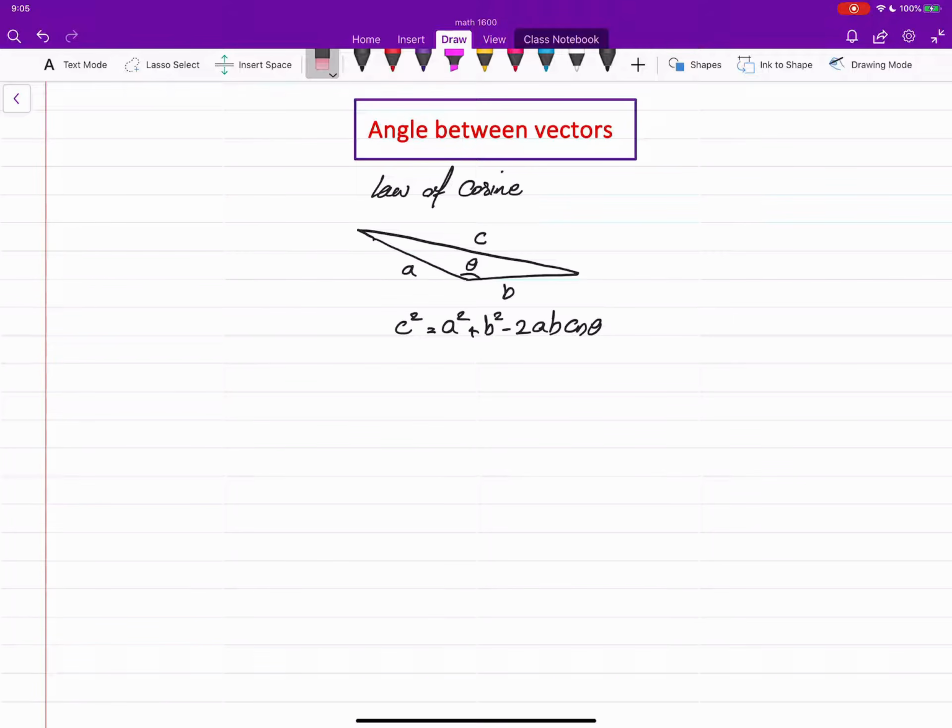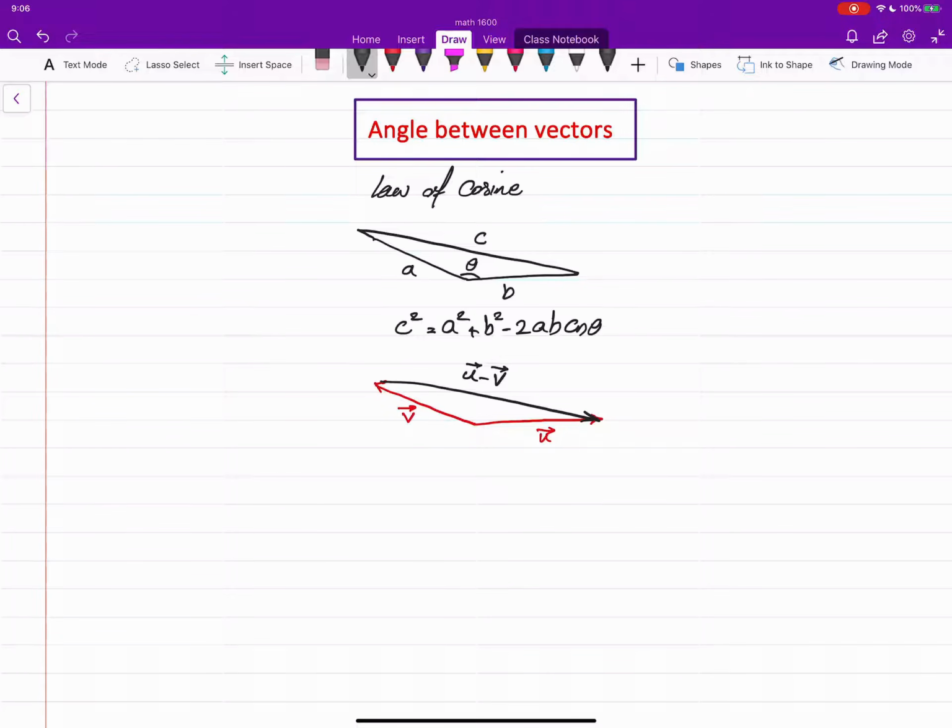And the way we will use this is that, okay, so if I have a vector u and another vector v, then we know that the vector u minus v forms the third side of this triangle.